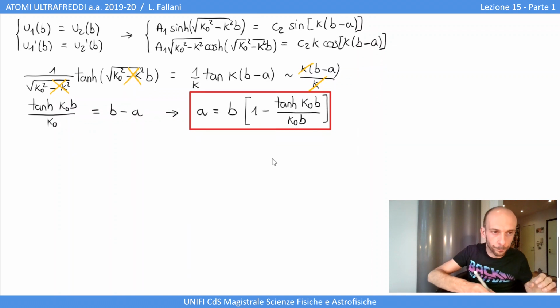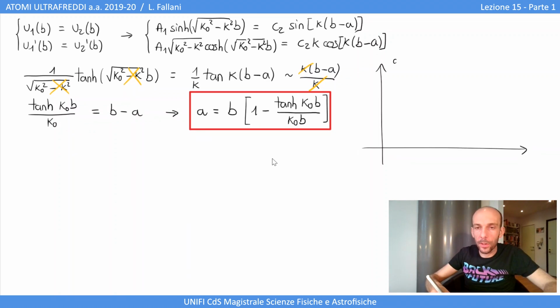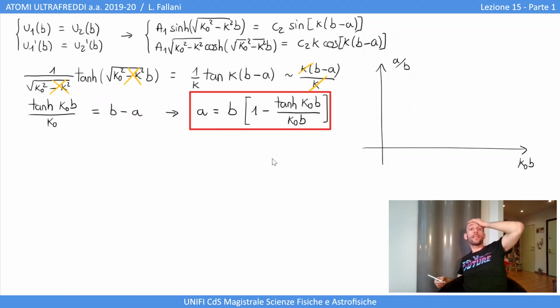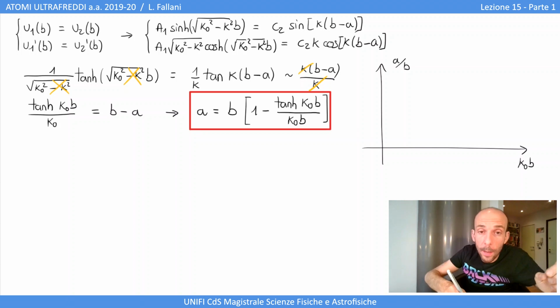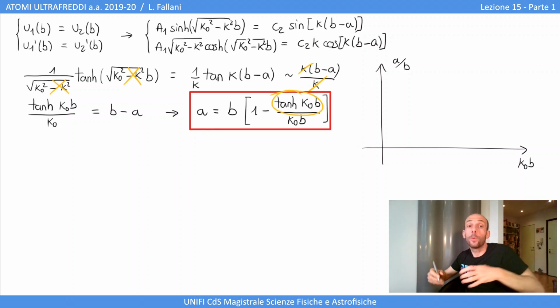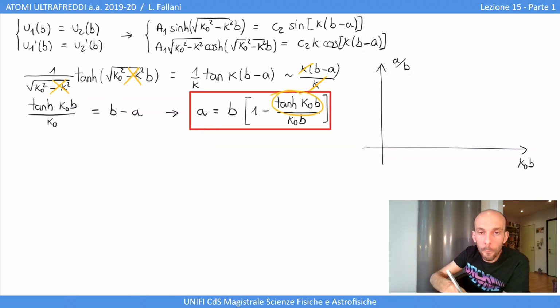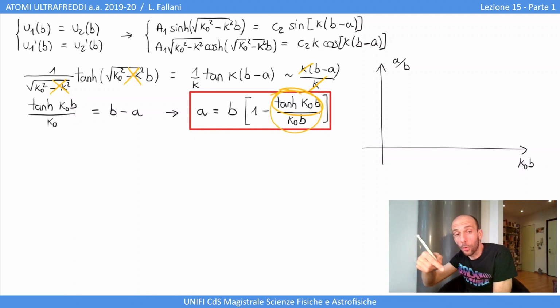Let's plot a as a function of the parameter k0b. And so when k0b is equal to 0, so the barrier is infinitesimally small, the hyperbolic tangent can be approximated with k0b. So this fraction will go to 1, and so a will go to 0.